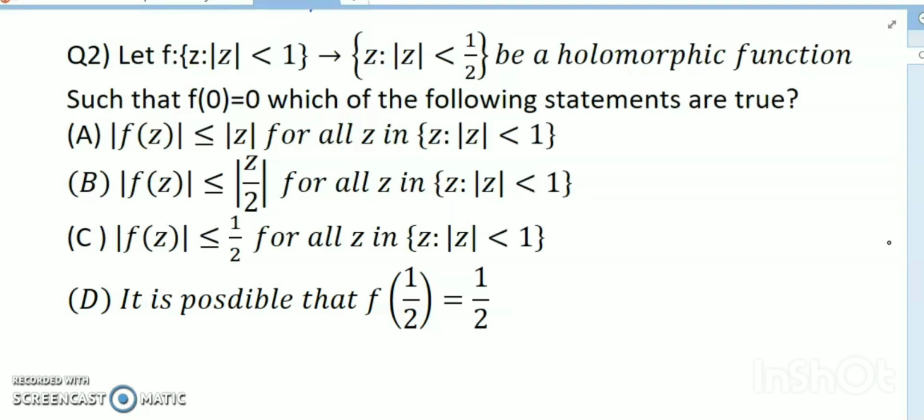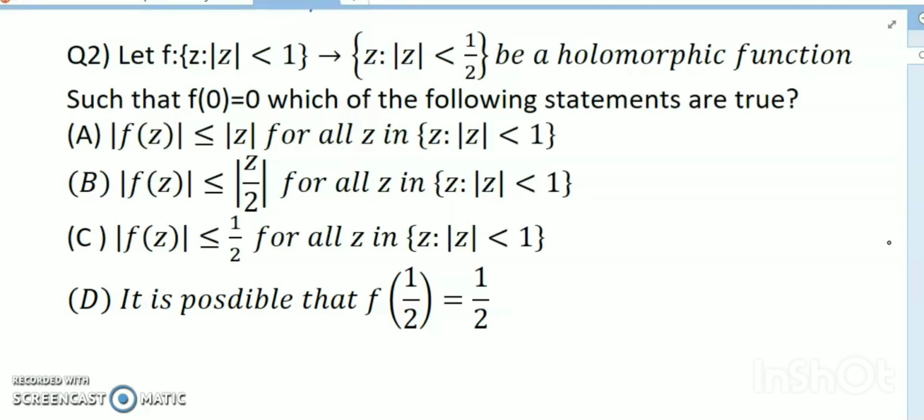What is the problem? That mod of f dash z is less than or equal to 1 minus mod of f z divided by 1 minus mod z. Yeah, I think you remember this formula.